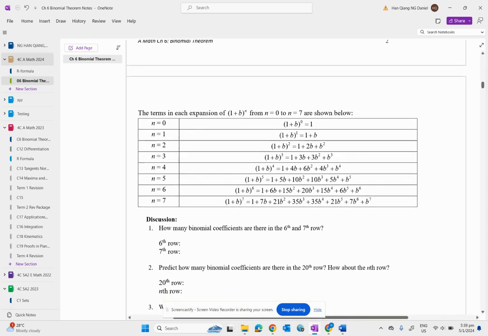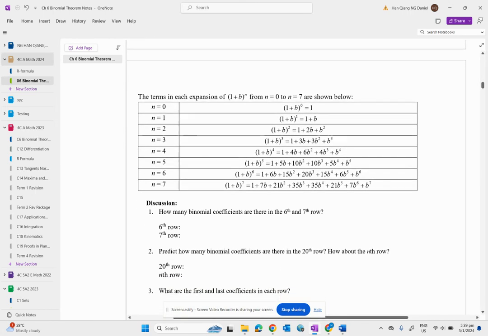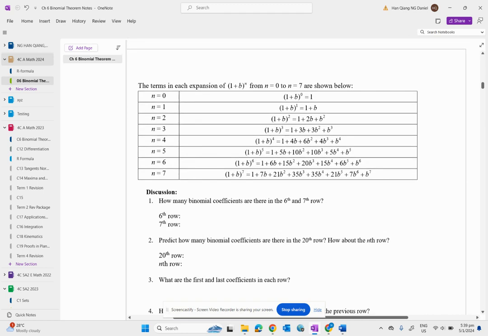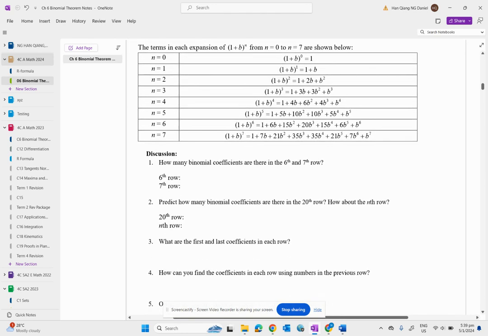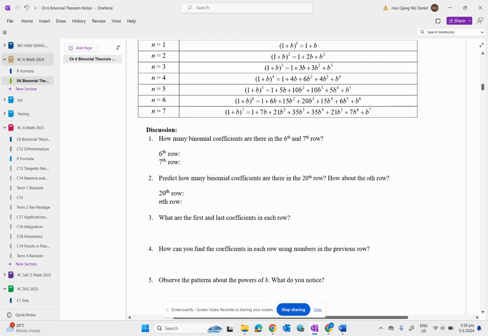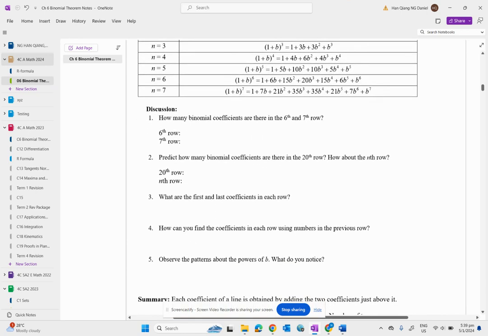So there are some discussion questions over here. You can give it a try and we'll come to it the next lesson. But perhaps I just harp on the fifth pointer. What do you notice about the powers of b in each row?